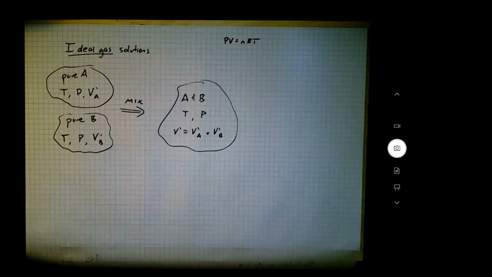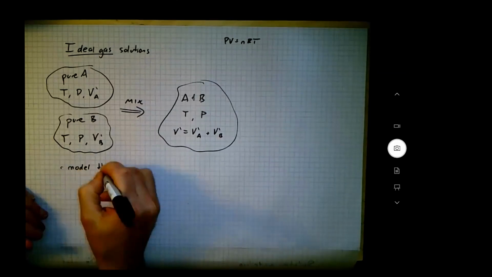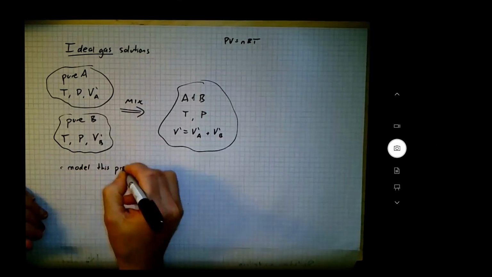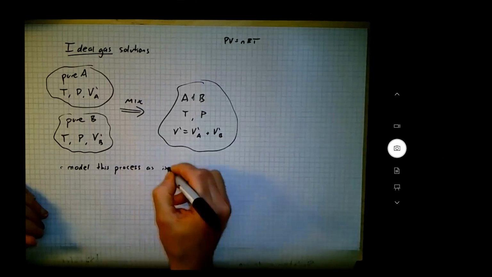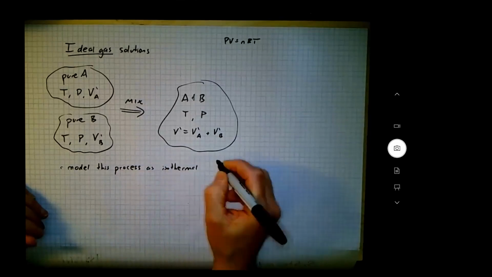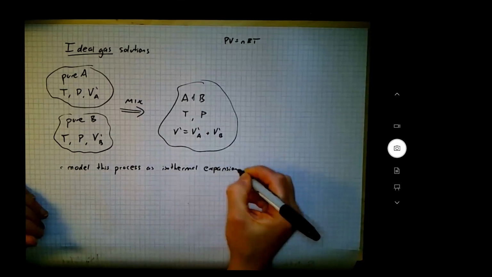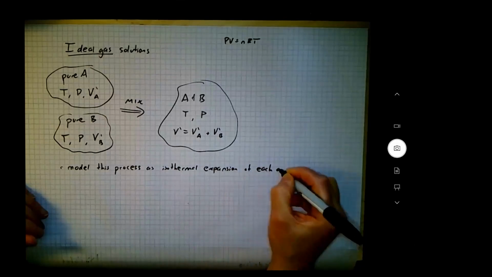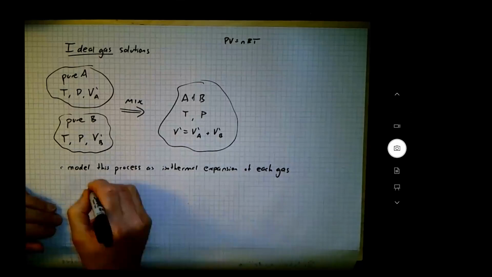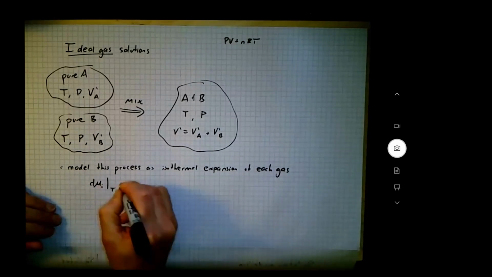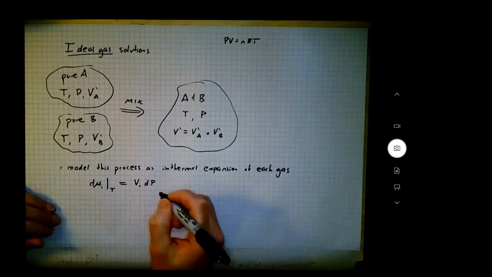So we know this. And we've seen that we can model this process of making the mixture as an isothermal expansion for each gas. So we've seen this, and this is the result we got. Isothermal change in chemical potential is molar Gibbs free energy.